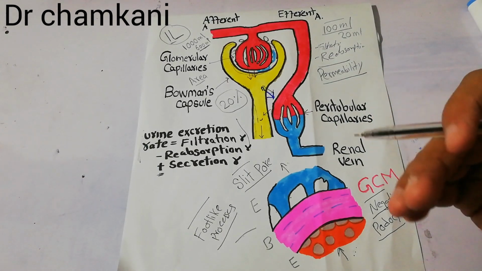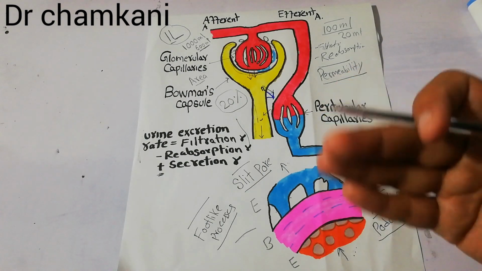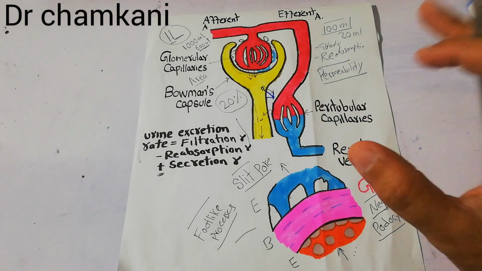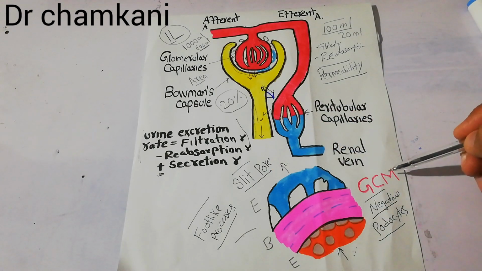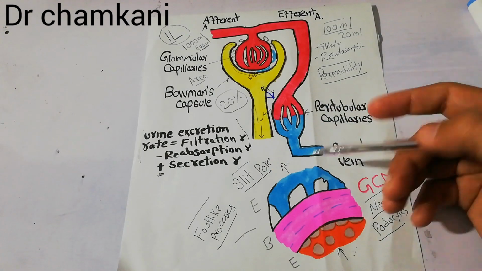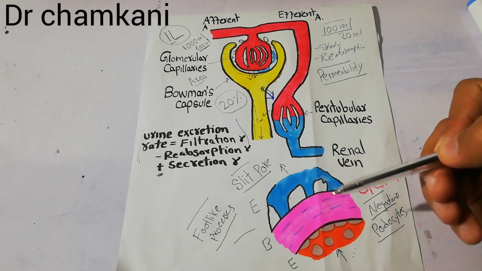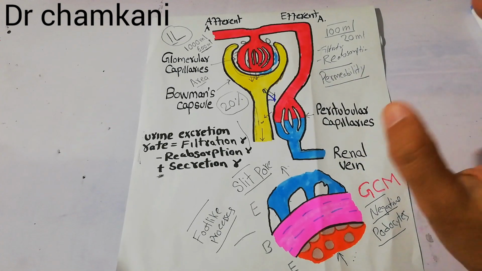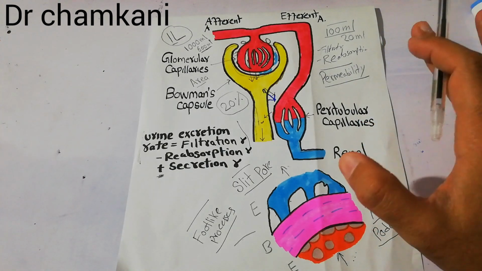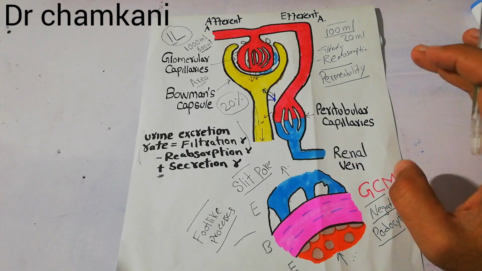They all make sure that water and solute can move with high speed in a tremendous amount, but protein should not move. Now we are talking about a normal glomerular capillary membrane. If there is some abnormality, if there is loss of the negative charge from the epithelium, the basement membrane or the endothelium, then protein may leak in the urine, but normally there should be no protein in the urine, and that's the normal glomerular capillary membrane.